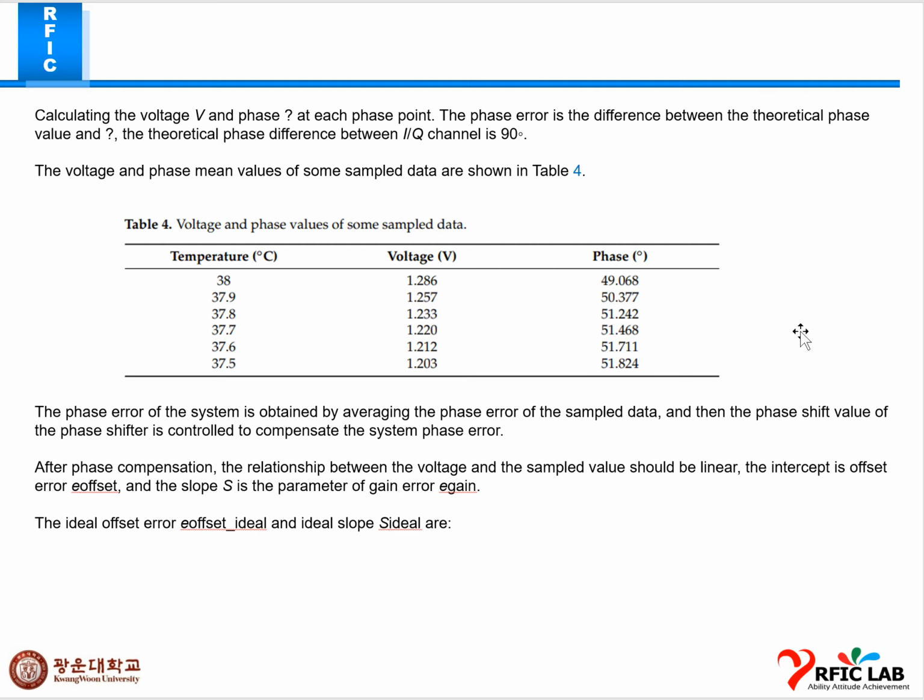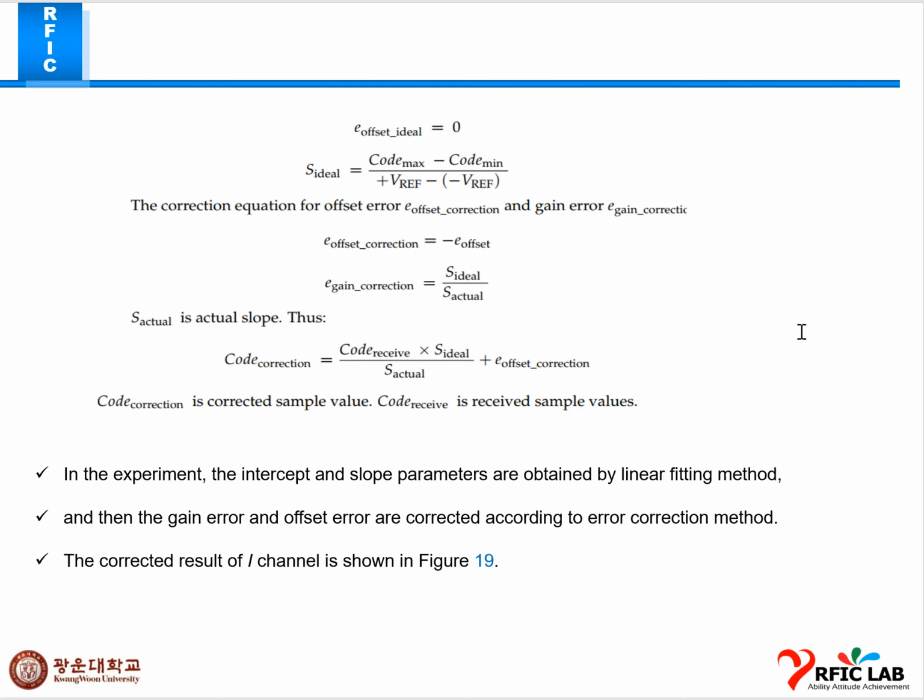After the phase compensation, the relationship between the voltage and the sampled value should be linear. The intercept is the offset error E offset and the slope S is the parameter of the gain error E gain. The ideal offset error E offset ideal equals 0, and the ideal slope S ideal equals code max minus code min over the positive voltage reference minus the negative voltage reference.